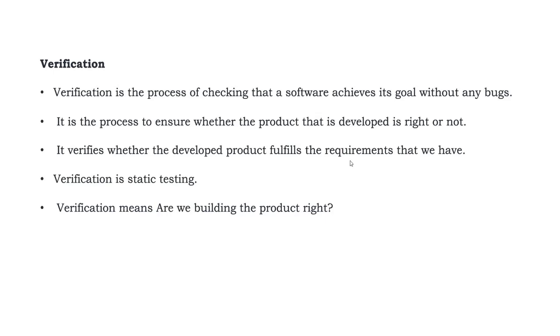Even from the requirement refining, we can have the verification done so that as early as possible we can avoid the issues or the errors. So hope you got what verification is. It is static testing, and we make sure that we are building the product right.